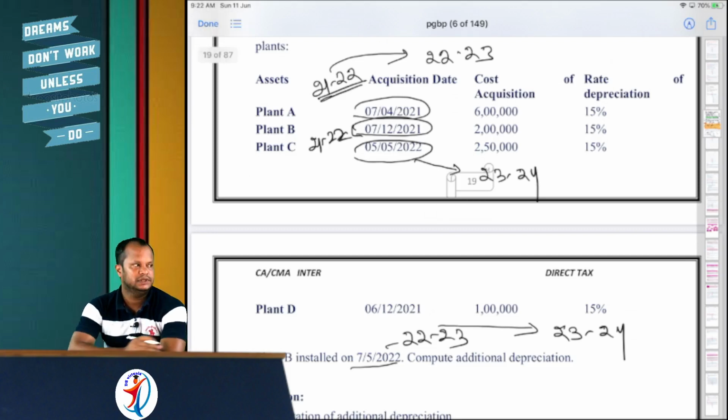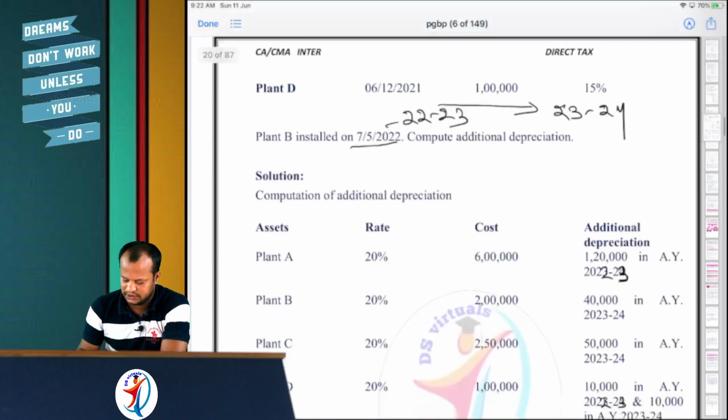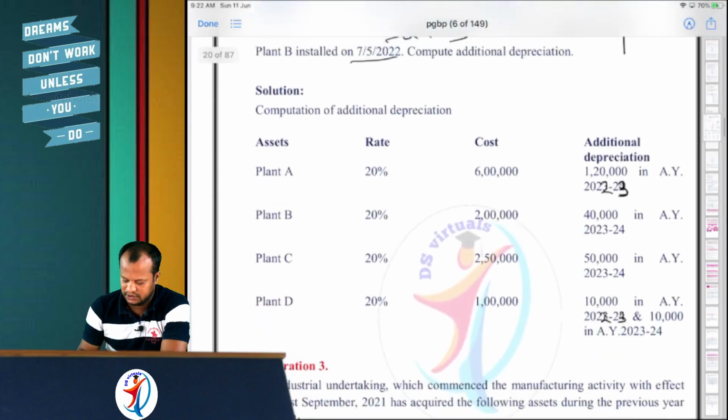The rate of additional depreciation is 20% on original cost. So plant A, the original cost is 6 lakh. So additional depreciation is 20% of 6 lakh, 1,20,000, and the additional depreciation can be claimed in the assessment year 22-23.